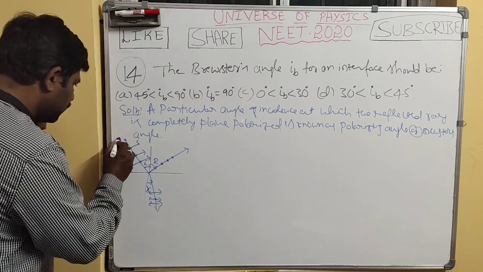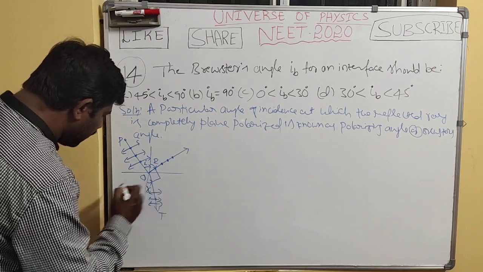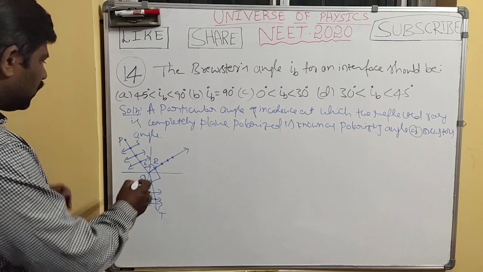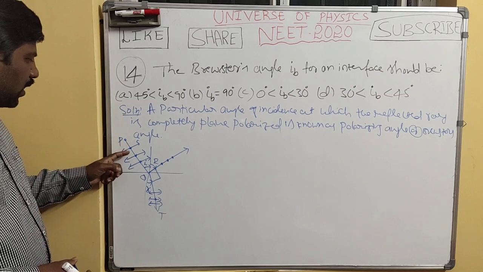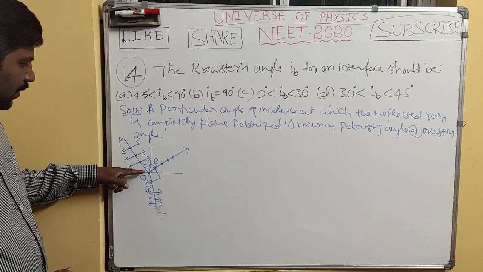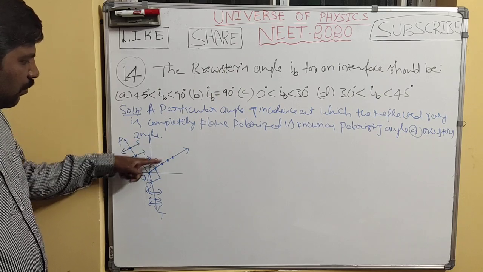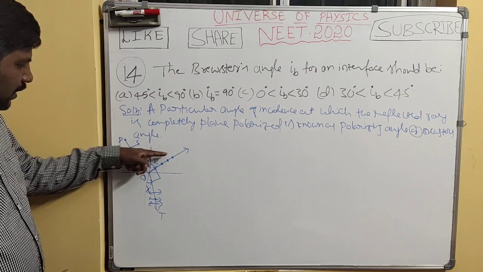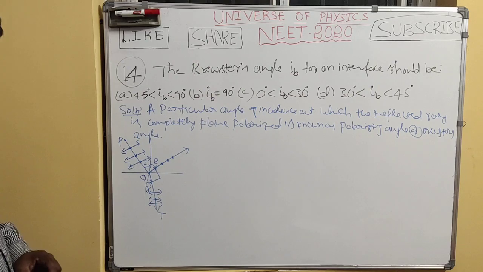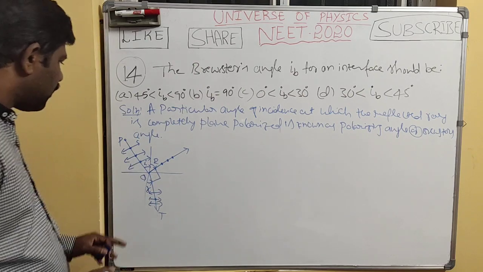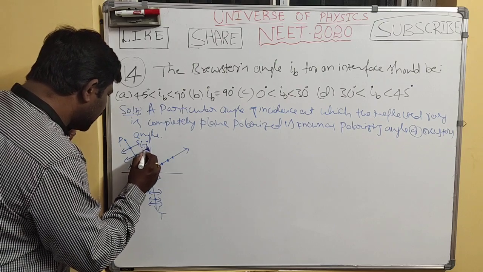Here P, Q and T, and the angle between this reflected ray and refracted ray is equal to 90 degree. The unpolarized light is incident on this interface. The reflected ray is completely plane polarized, whereas the refracted ray is partially polarized. And this angle of incidence we call Brewster's angle.